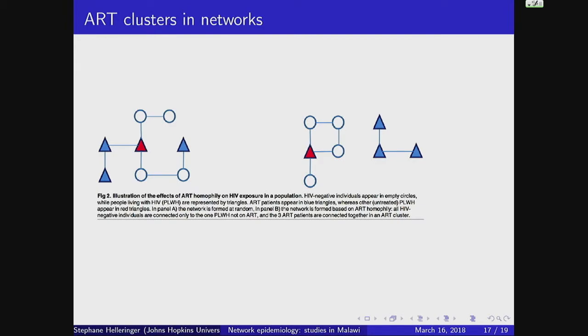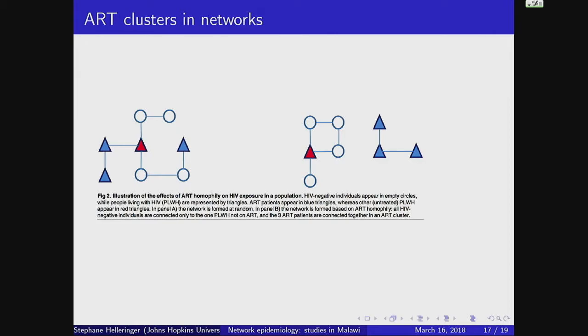So here you have a set of people. The blue triangles are on ART treatment, and the red triangle is an untreated HIV-positive person. The circles are uninfected, and so in this network they're disseminated throughout the component here.